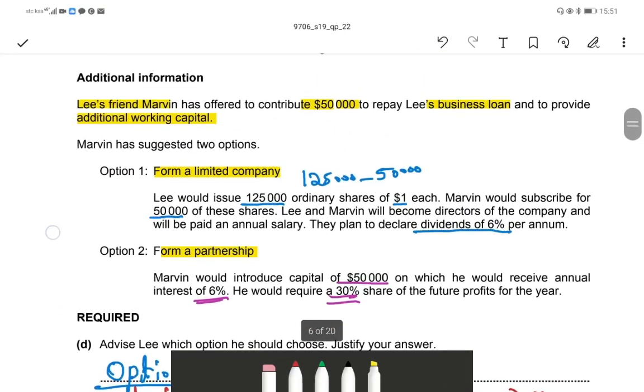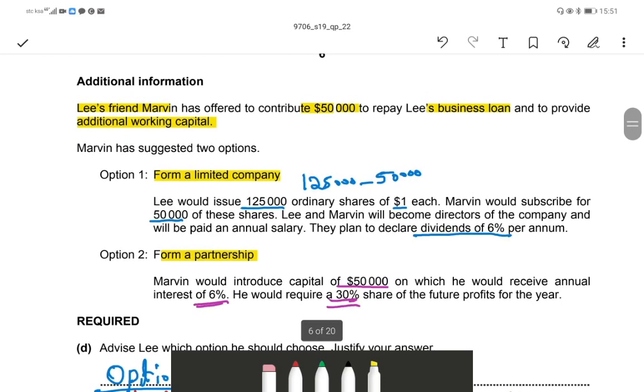What is the dividend cost? It is 6%. So 125,000 multiplied by 6%.